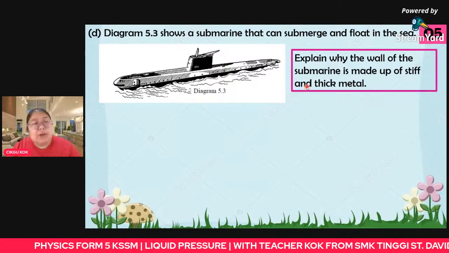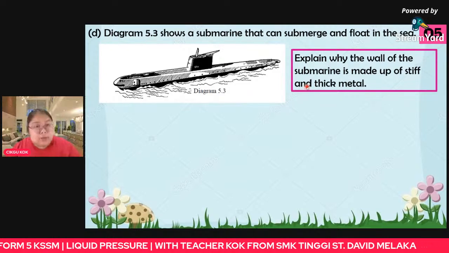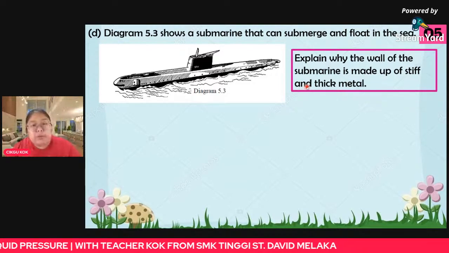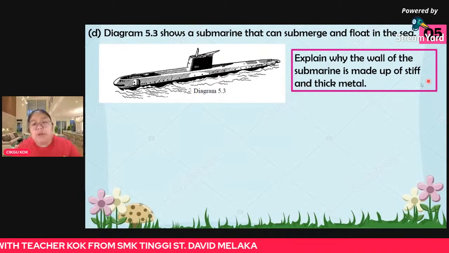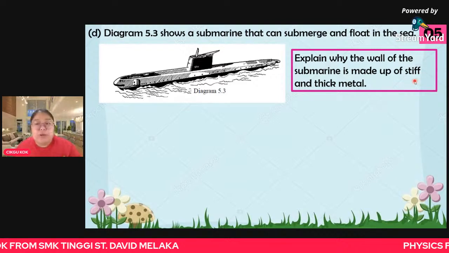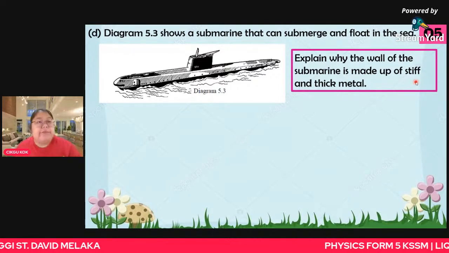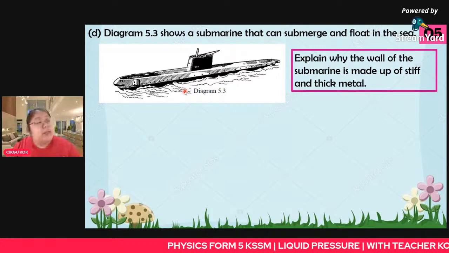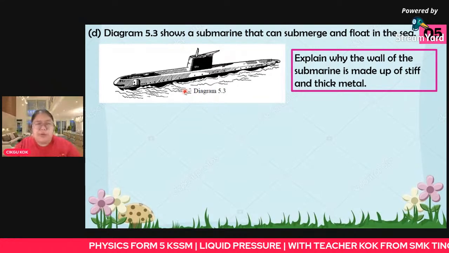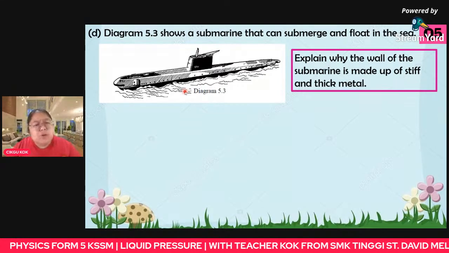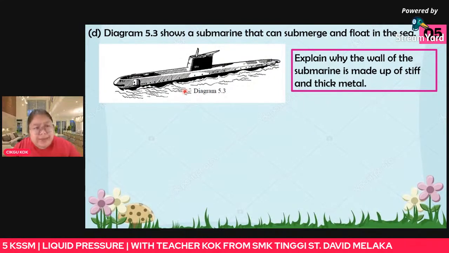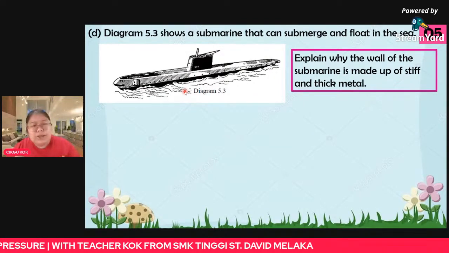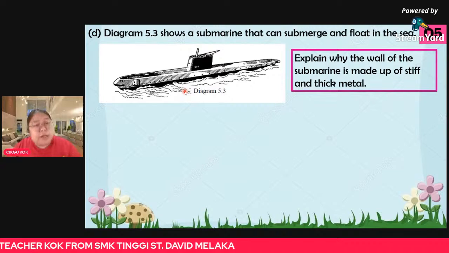The process question in AC, 4 marks. So that means you need at least 4 points to support the explanation. Why use the thick and stiff metal? This one is related to the liquid pressure, because the submarine wants to go to the deep sea. When they go deep, the pressure should be higher. So you must talk about when the depth increases, pressure increases.